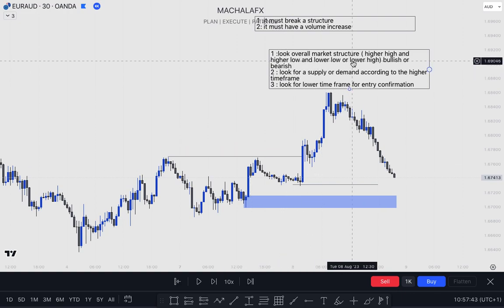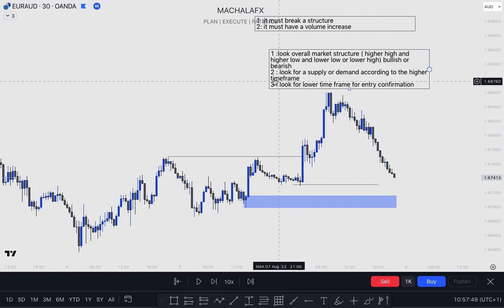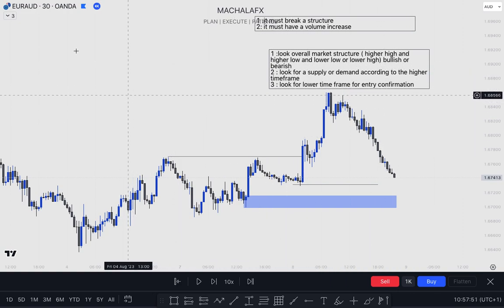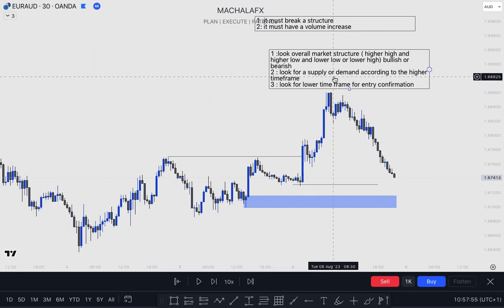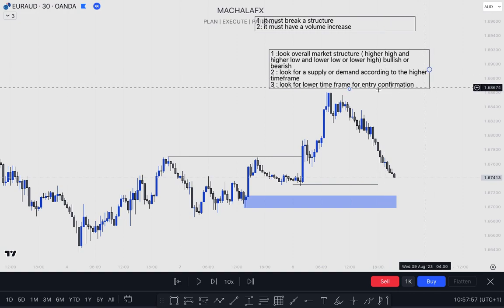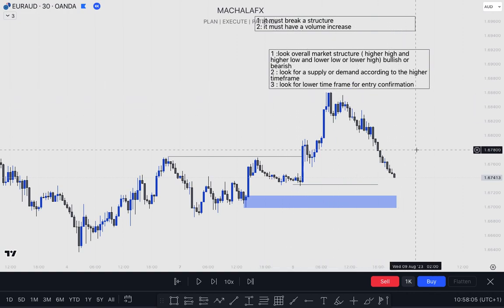Then a lower low or a lower high, which is a supply level, the market is bearish. So bullish or bearish. Now this pair, which is ROAUD, is bullish. Now look for a supply or a demand according to the higher time frame, which gives us our demand level. Now rule number 3, look for lower time frame for entry confirmation.